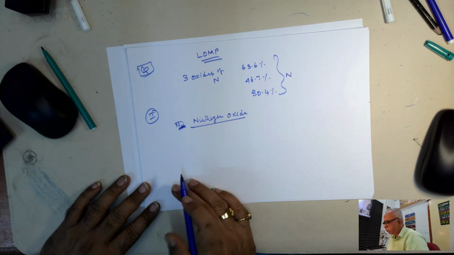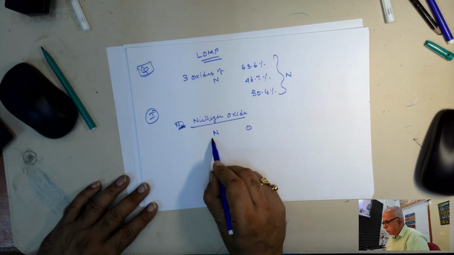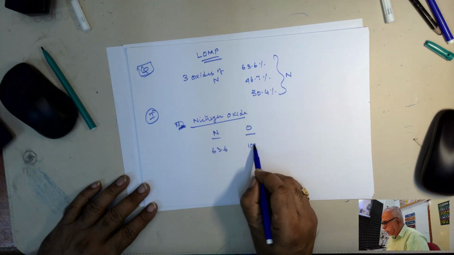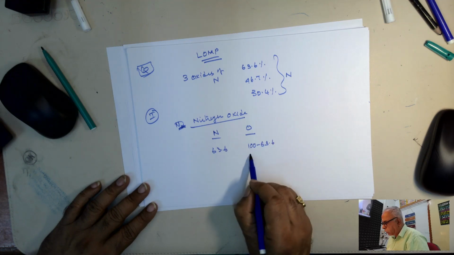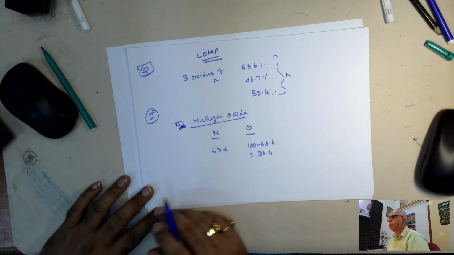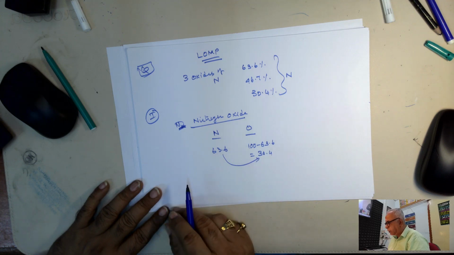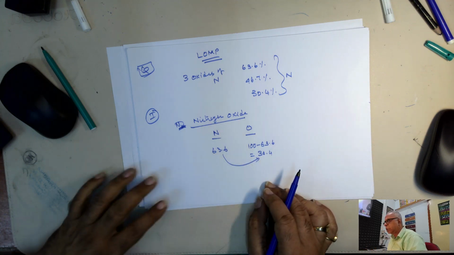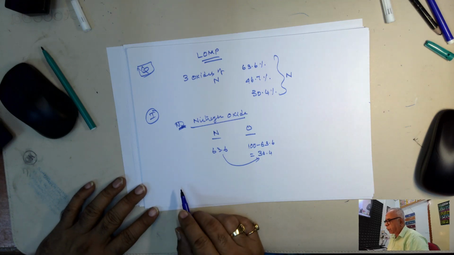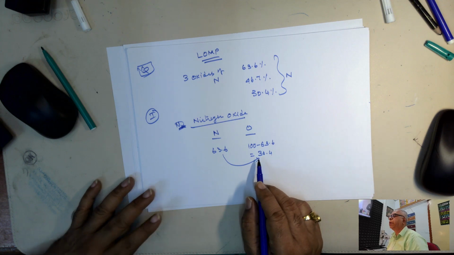Oxygen. If it is 63.6, it should be 100 minus 63.6. Is it not? So that is equal to 36.4 grams, right? So 63.6 combines with 36.4. Got this? So this is the first case. So the oxygen is 36.4.